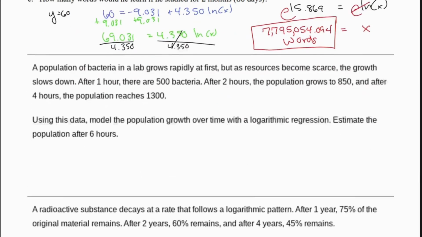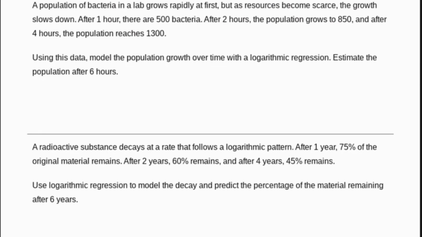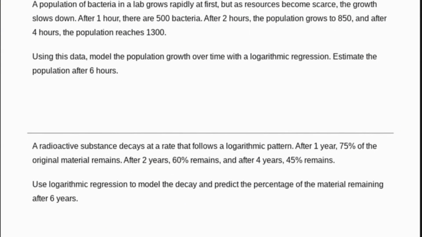Now what? Oh, bacteria. A population of bacteria in a lab grows rapidly at first, but as resources become scarce, the growth slows down. Sounds logarithmic to me. After 1 hour, there is 500 bacteria. After 2 hours, 850. After 4 hours, population reached 1,300.